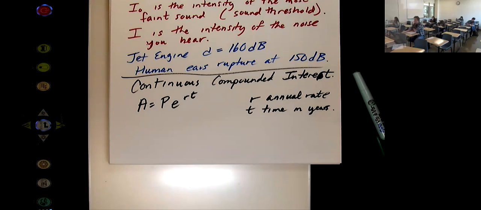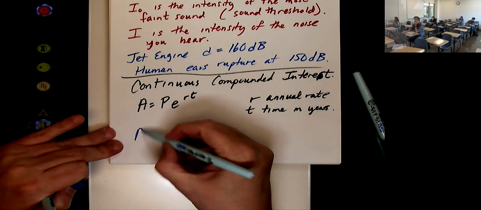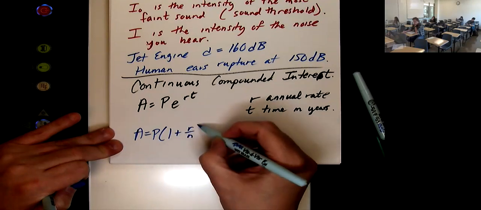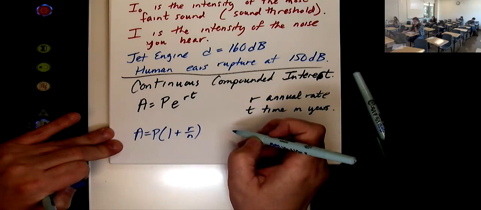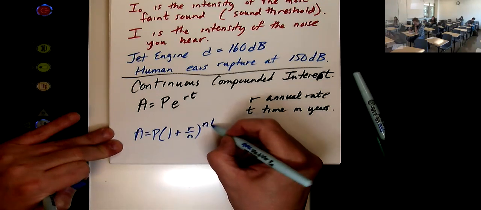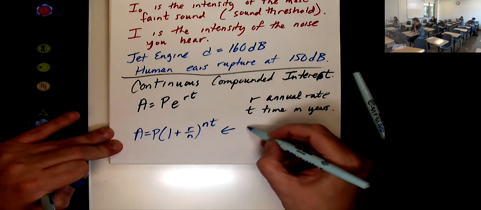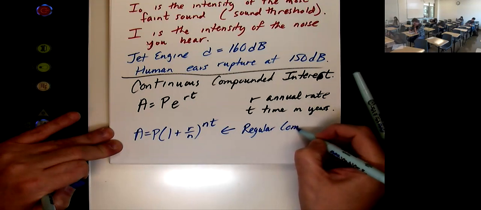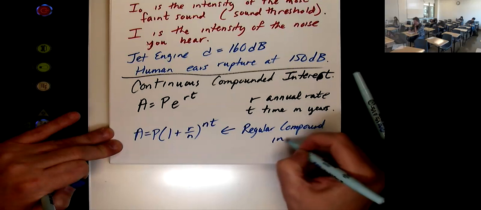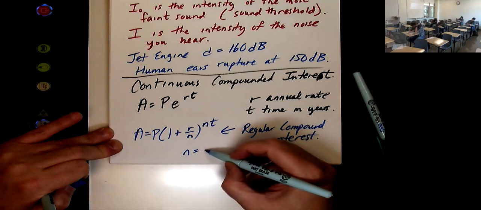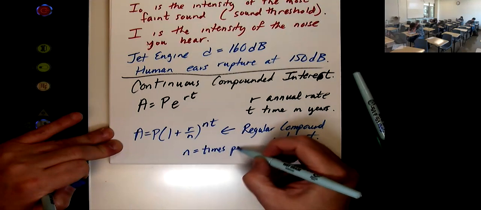Remember the one we had where it was P times 1 plus R over N to the NT? That's regular compound interest, where N is the times per year it's compounded.